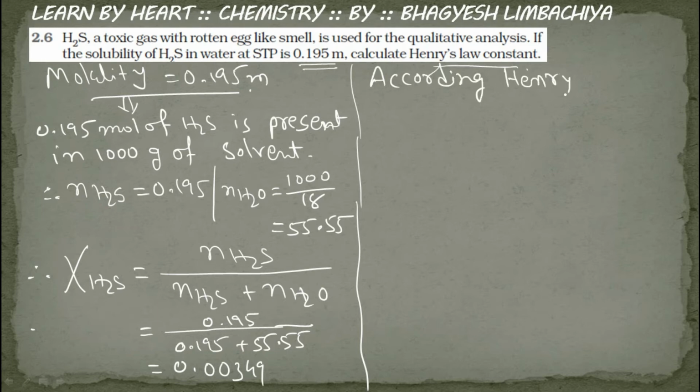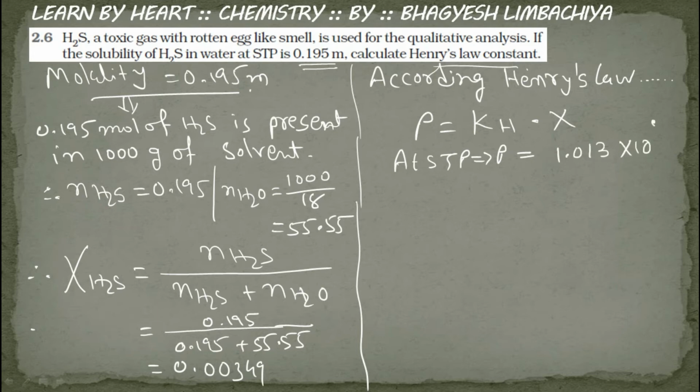So now according to Henry's law, pressure equals KH into x. Here at STP, pressure will be 1.013 multiplied by 10 raised to 5 Pascal, that will be 1 bar.